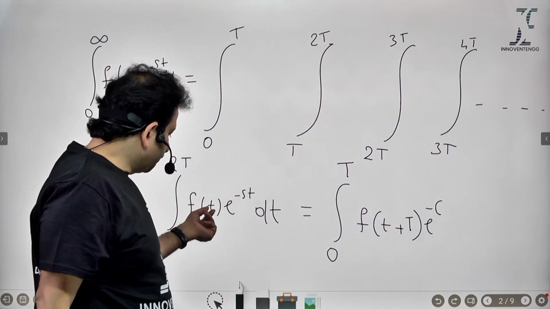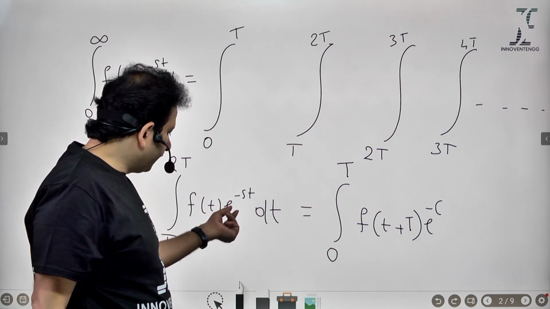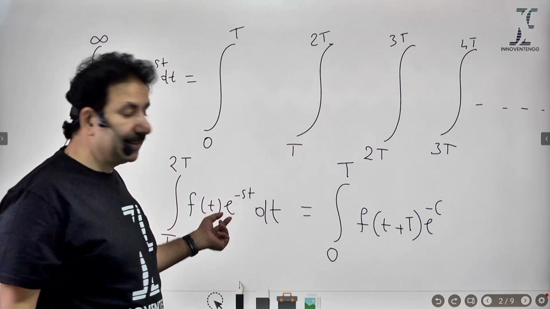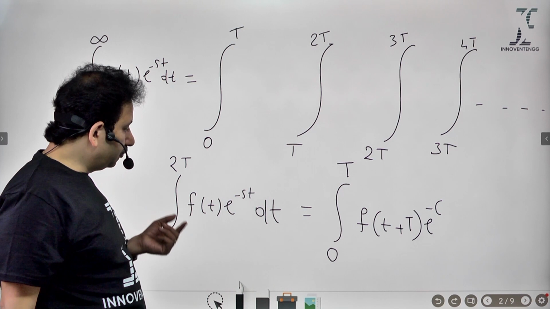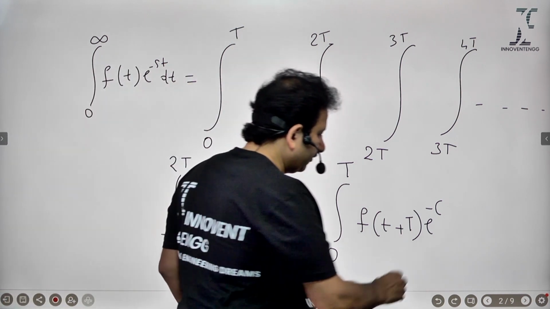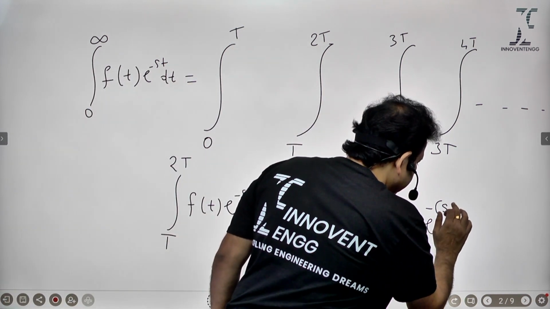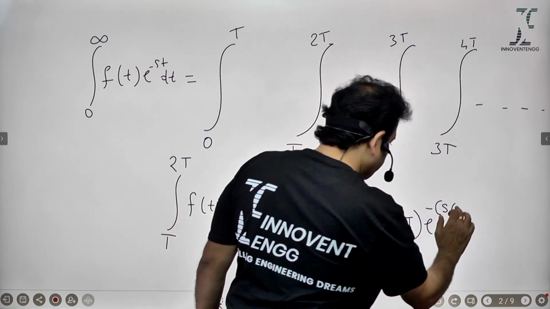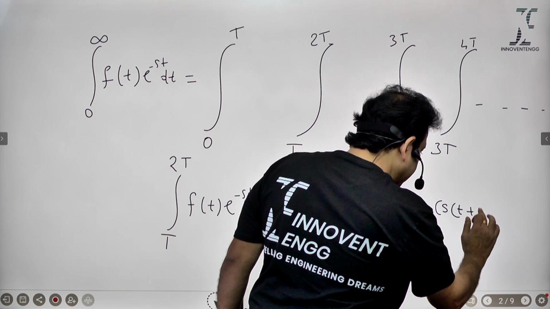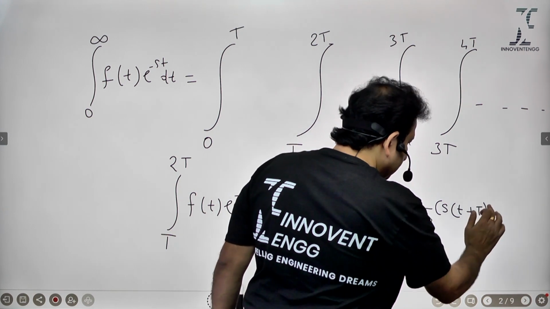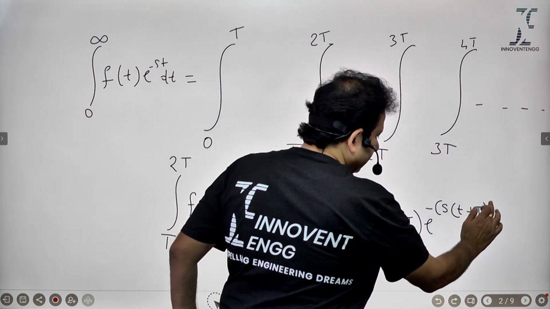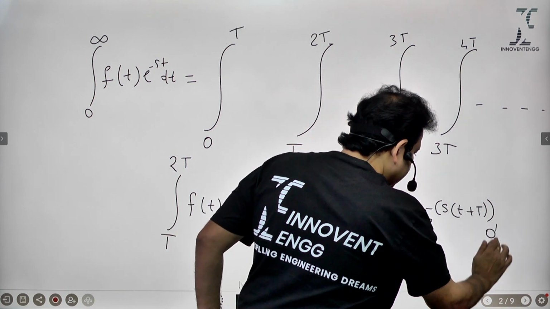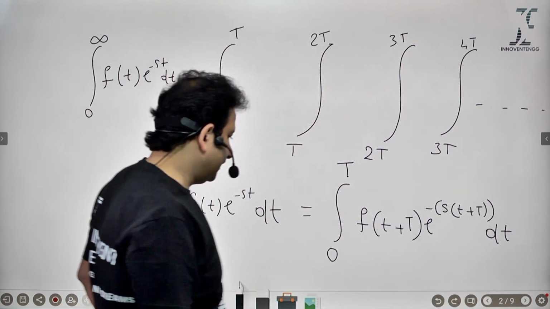Once you change t here, every function that is there in the integrand must undergo change, right? So e power minus s is absolutely all right, but inside the bracket you should add T to that. Okay, so this is what is done, and then of course the order of integration is dt.